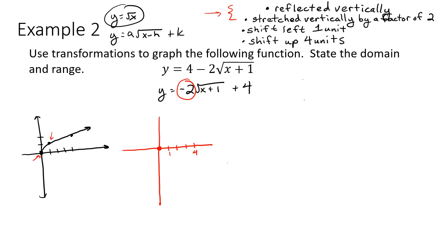My y value of +1, if we multiply that by -2, would put us down at -2. And if we take our y of +2, we're down at -4, and so we end up with a shape that, a bit stretched out, looks like this.